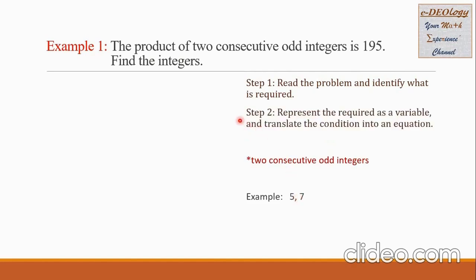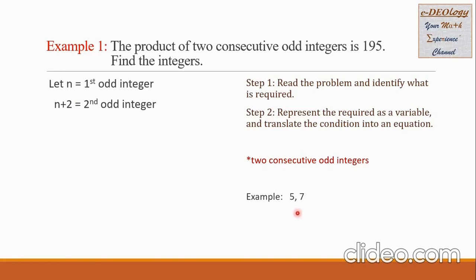In step 2, let us represent the required as a variable and translate the condition into an equation. We let n be the first odd integer, and then n plus 2 be the second odd integer.